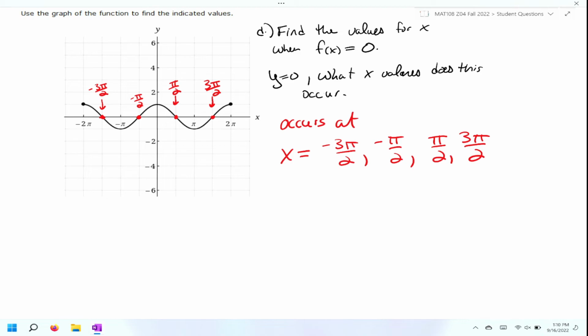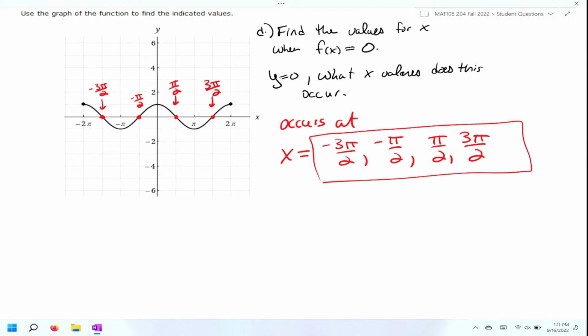And that is exactly how you would type in the answer in WebAssign, because they ask you to find the values and enter your answers as a comma separated list. If there are no answers, then you enter none. Well, this is a comma separated list.